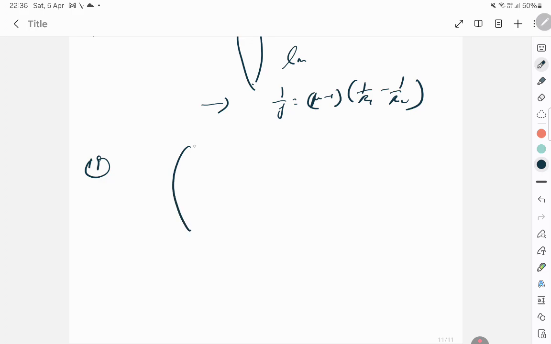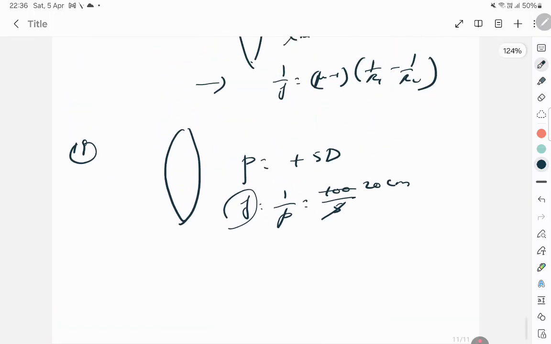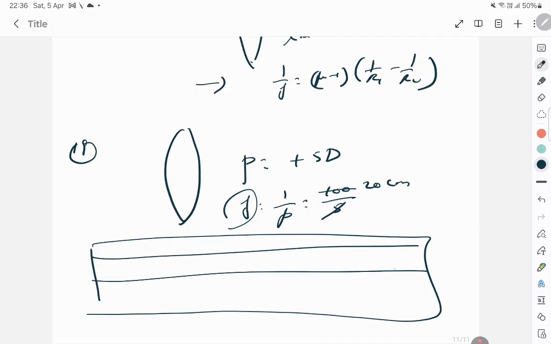So it's only one lens, so you can take the reciprocal of power, which is 100 by 5, and then 20 centimeter is the focal length of the convex lens. Now some data has been given in the tabular column, which you need to correct and see what is right. They've said the object distance is 25 centimeter.